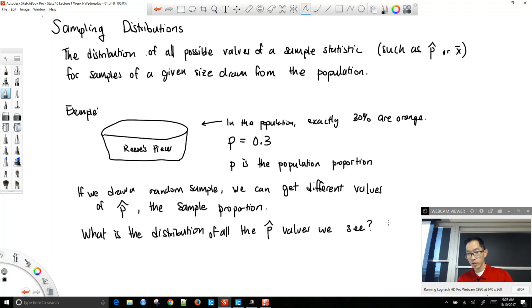Okay, and do you recall when we ran our simulation with the Reese's Pieces candy machine, do you recall what that resulting sampling distribution looked like? The resulting sampling distribution looked something like this. We had all of these lines.